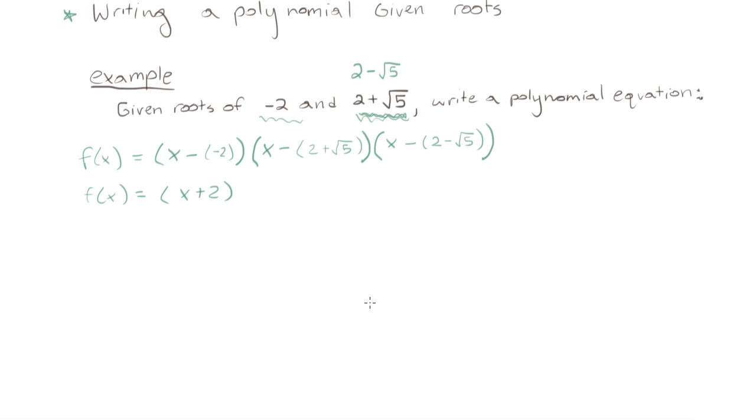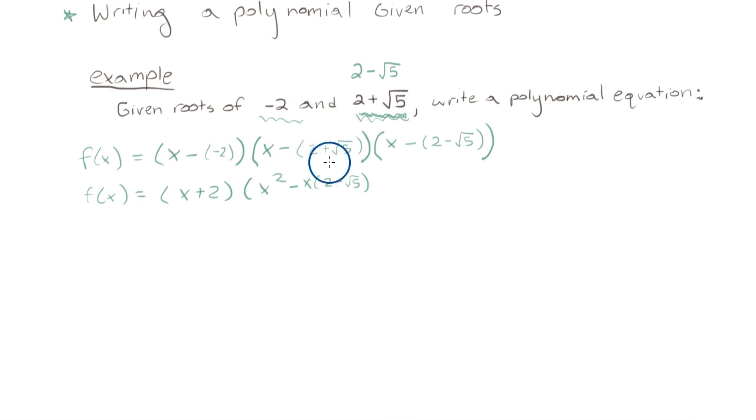Afterwards, it's important that we use really good simplification skills to multiply all this together. I'm going to go step by step to make sure that you've got this example here. So we'll do x times x, we'll get x squared, x times -2 minus the square root of 5, and that will look like -x parentheses 2 minus the square root of 5.